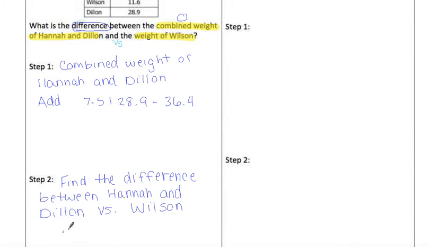So we're going to find the difference. So when we find the difference, we're going to subtract. And we're going to subtract the combined weight of Hannah and Dylan, which we found up here, which was 36.4 kilograms. And we're going to subtract the weight of Wilson. And you can see that up in the table up here.